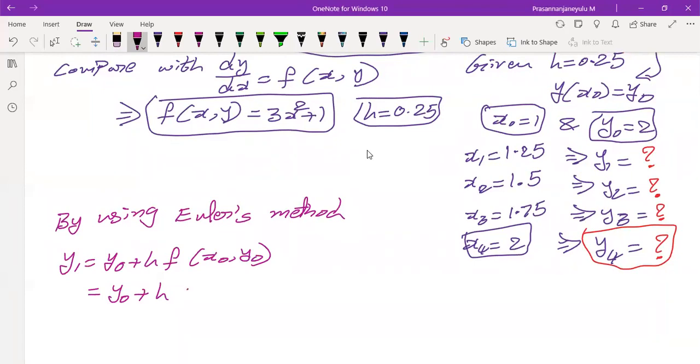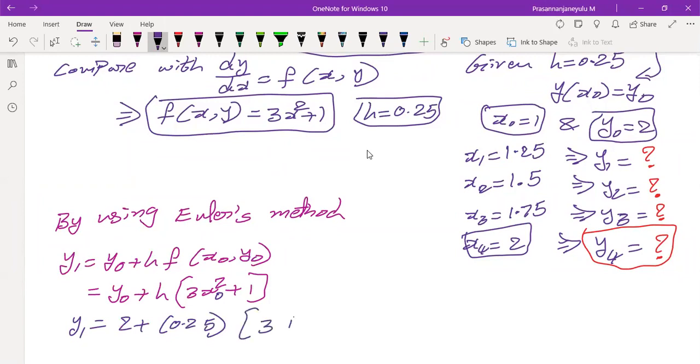So I am writing the same 3x square plus 1, but in place of x and y, what we have to substitute in the function? x0 and y0. So 3x0 square plus 1. So substituting the values, y1 is equals to y0 value is 2 plus h value is 0.25 into 3 into x0 value is 1 square plus 1.